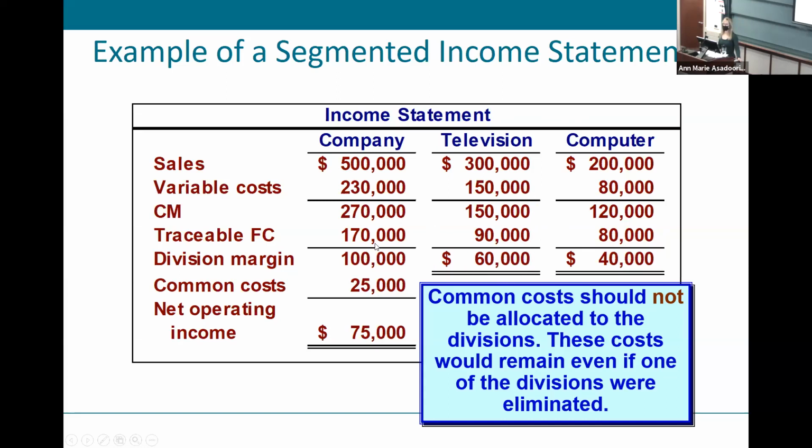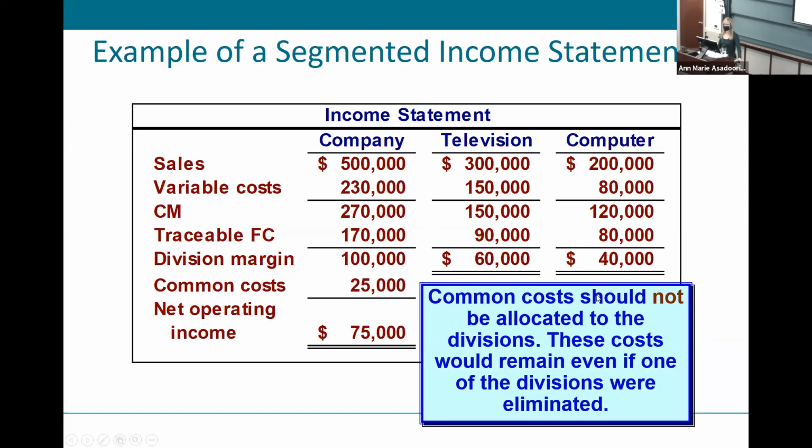I can look at this television division and say $60,000 is the excess of revenue over expenses caused only by that segment. Same thing with the computer division. When I look at segment margin, I know that the computer division is contributing $40,000 to help cover these common fixed expenses.